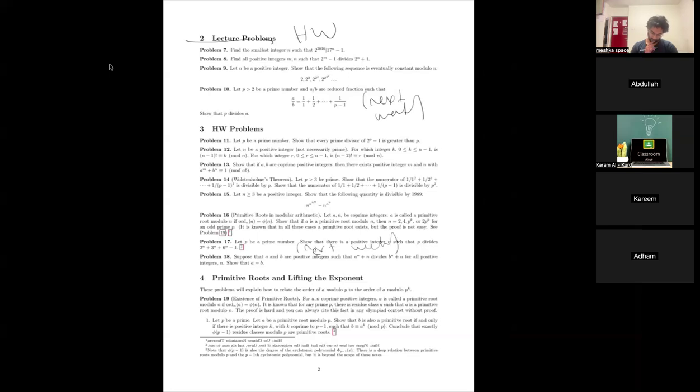Other than problem 10, problem 17, and maybe also problem 14, all the problems are basically about order. So the homework will be everything except for 10, 14, and 17. We'll cover those next week.